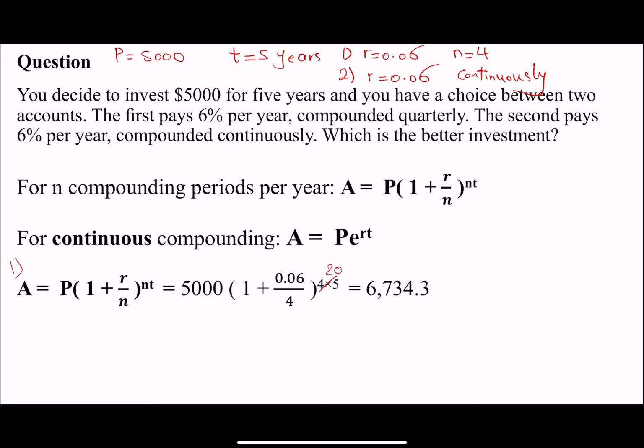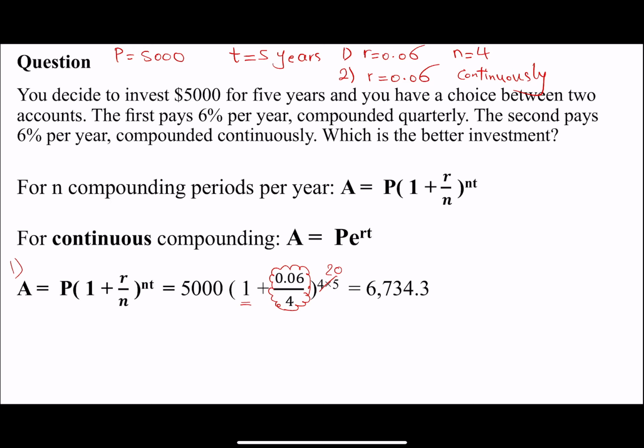So again, guys, first of all, you have to calculate this ratio. You need to calculate 0.06 divided by 4. Whatever the answer is, add it to 1. Then the whole bracket, the result, to the power of 20, you calculate it.